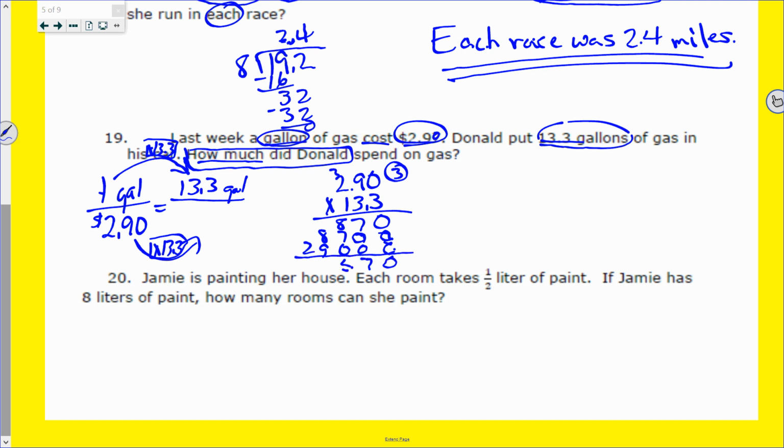Good penmanship is critically important on these. Make sure you keep track of exactly what is going in each line, so that I now add 3 decimal places in on my final answer. So Donald spent $38.57.